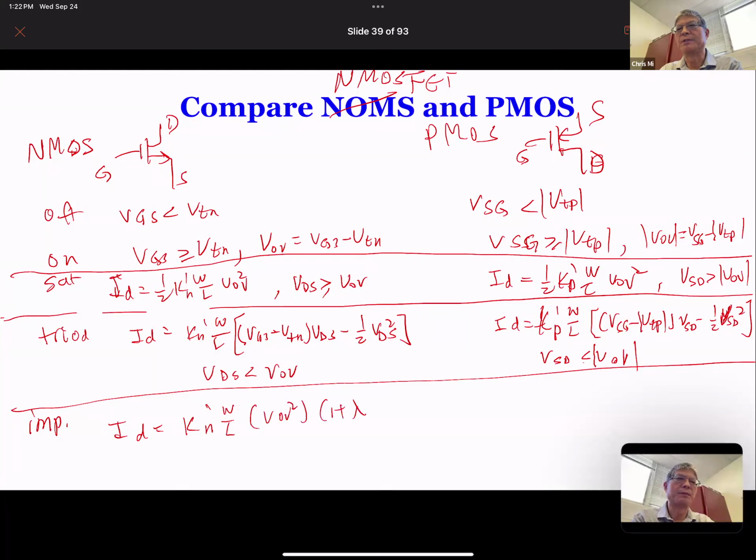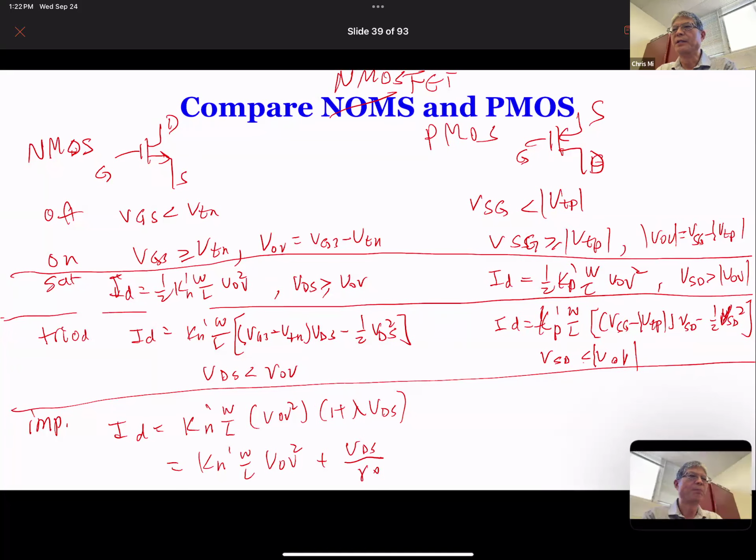1 plus lambda times VDS. And this can be written as Kn W over L VOV squared plus VDS over RO.